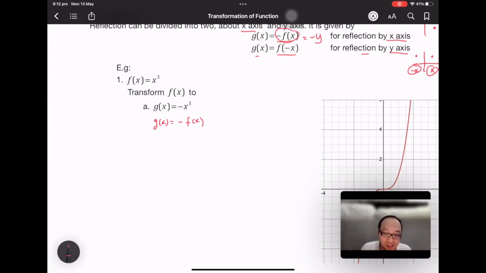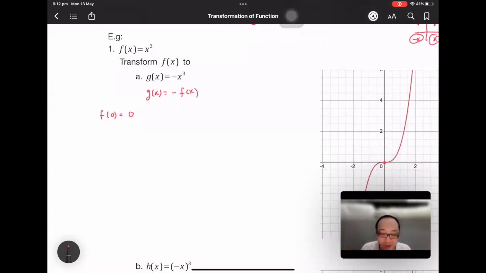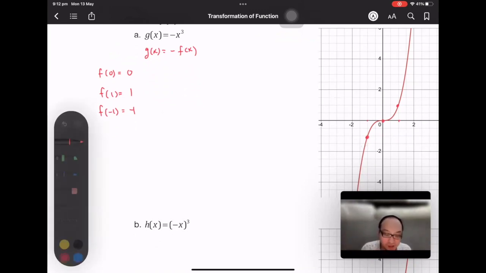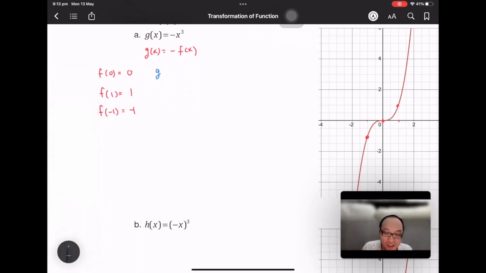So let's try again. f(0) here equals 0. f(1) equals 1. f(-1) equals -1. If you see here, -1 is here. So g(0) equals -f(0) equals 0. g(1) is -f(1) equals -1.